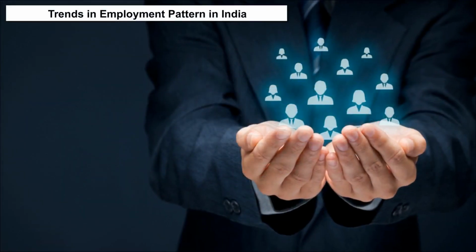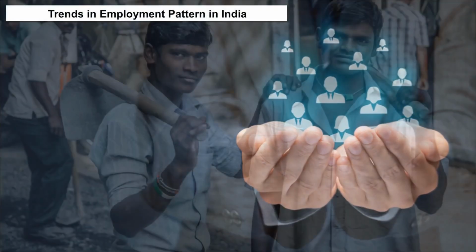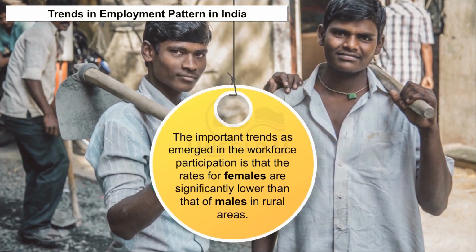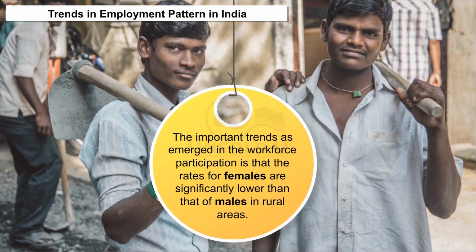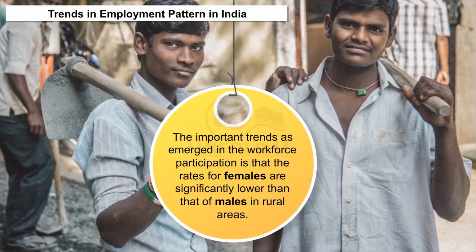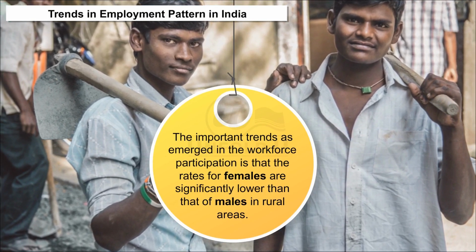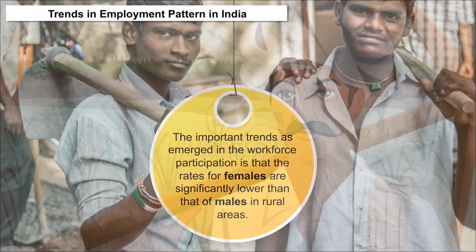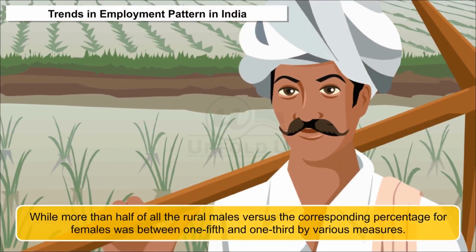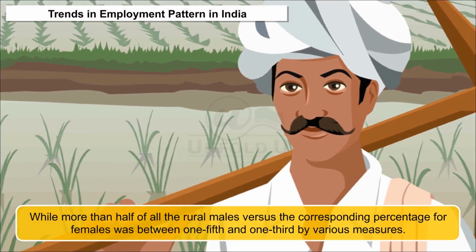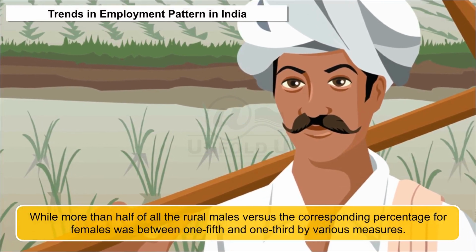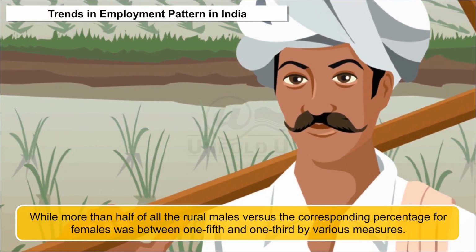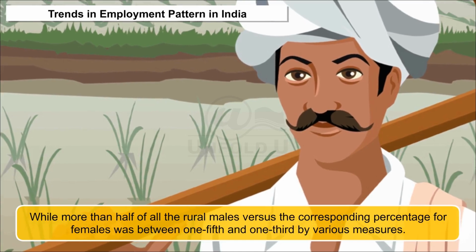Trends in employment pattern in India. An important trend that has emerged in workforce participation is that the rates for females are significantly lower than that of males in rural areas, while more than half of all rural males participate, the corresponding percentage for females was between 1/5 and 1/3 by various measures.